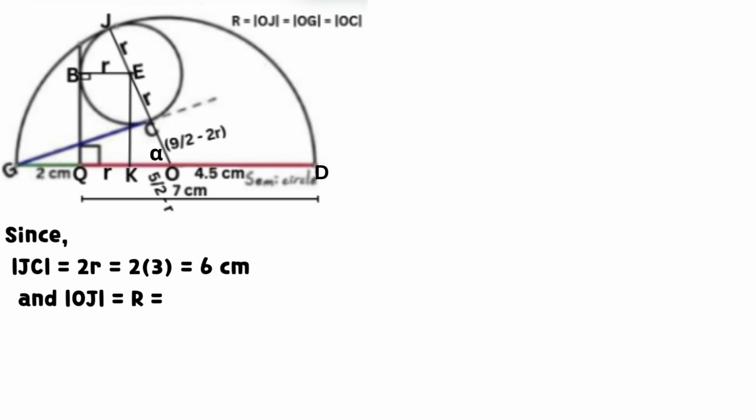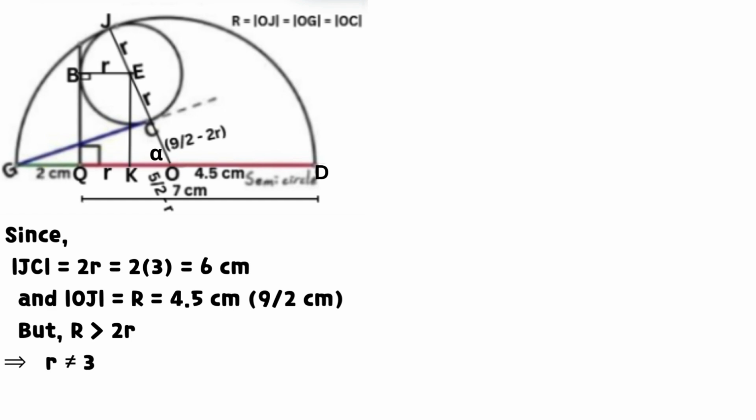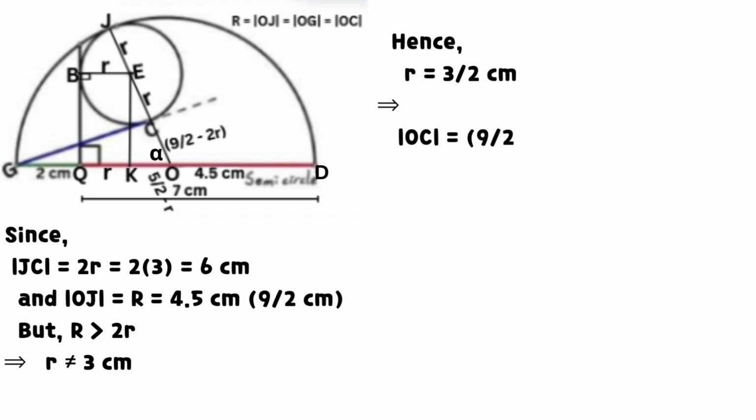Since line JC equals 2 times r, which equals 6 cm, as shown on the screen, and line OJ equals R, which equals 4.5 cm, but R is greater than 2 times r. Hence, r is not equal to 3 cm. Hence, r equals half of 3 cm.